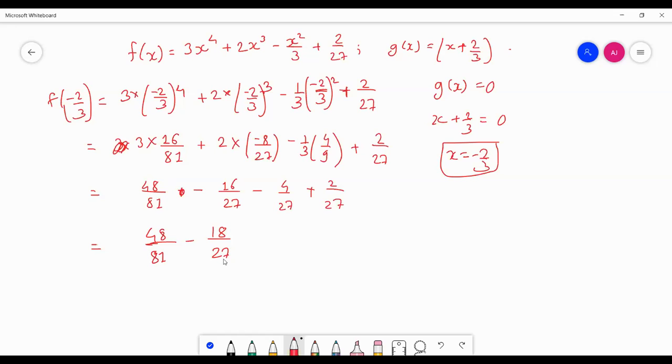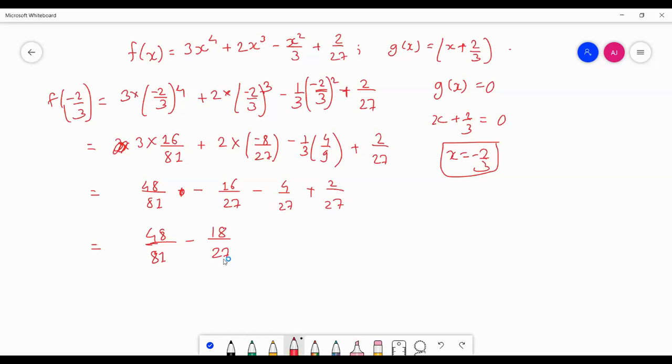Can you tell me what is the LCM of 81 and 27? Anybody? Yes, what will be the LCM? So it will be 81.